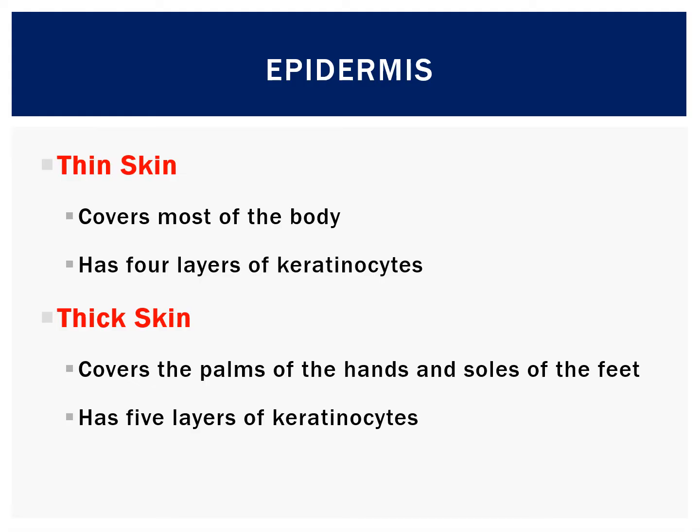Thin skin covers almost the whole body and has 4 layers of keratinocytes. Meanwhile, thick skin only covers the palms of the hands and soles of the feet. Compared to thin skin, thick skin has 5 layers, one more additional layer.